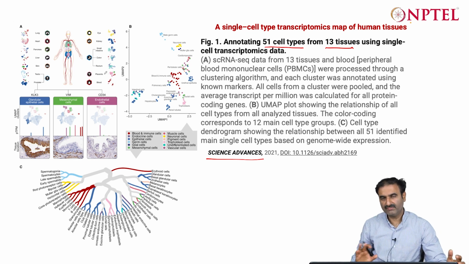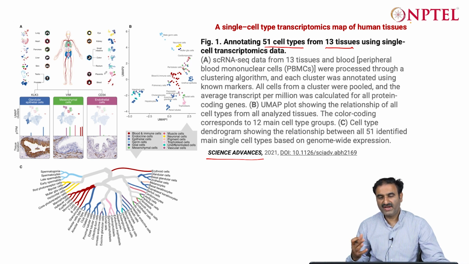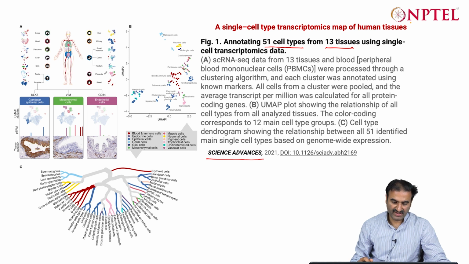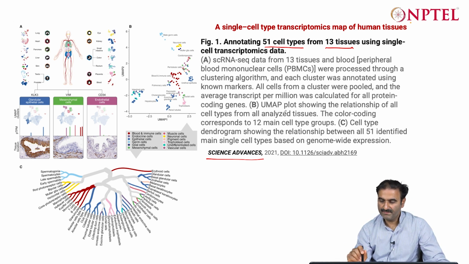So those are tissues that we know, right? And then from those they extracted the cells, and using the transcriptional profiles from the different cells, they clustered the cells, and you can see in figure B the UMAP plot showing the relationship of all cell types from all analyzed tissues.